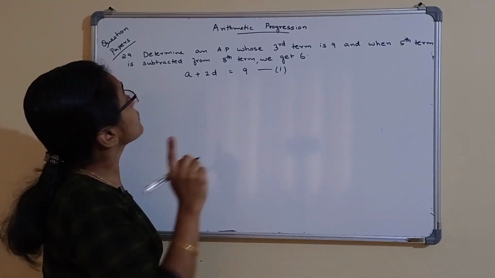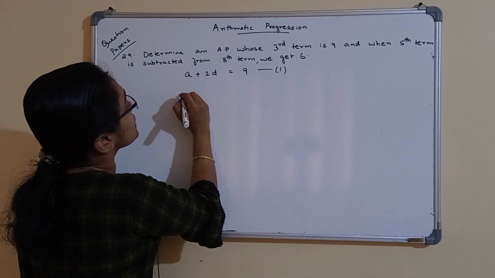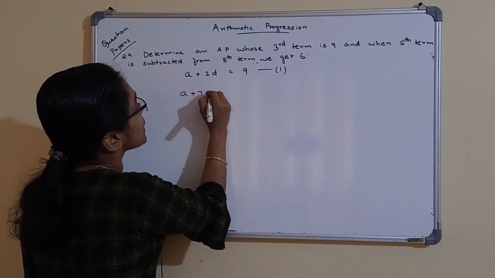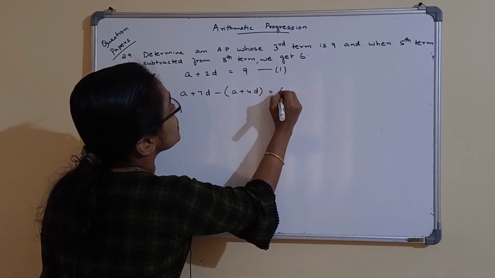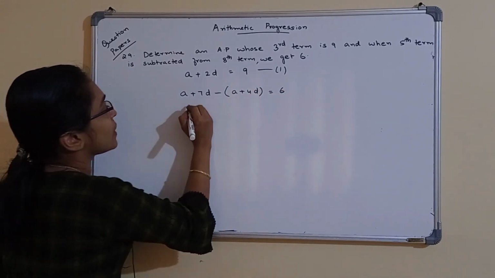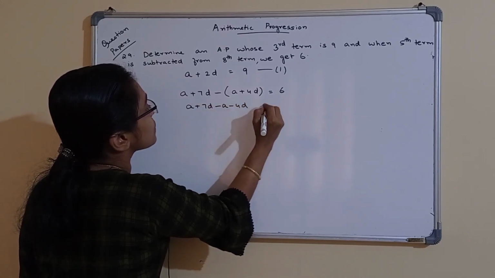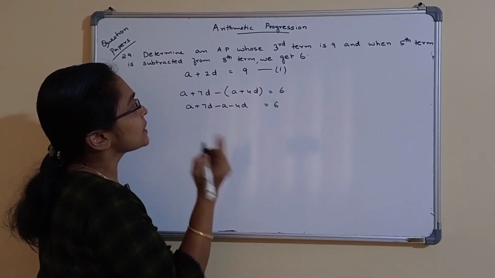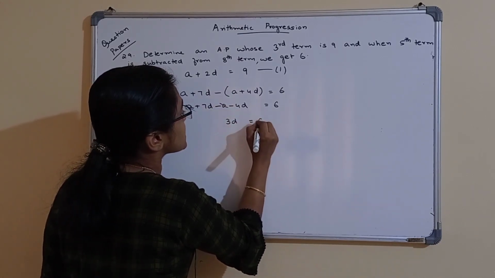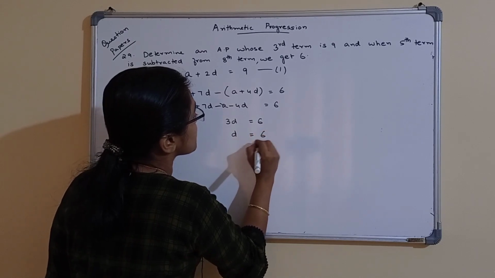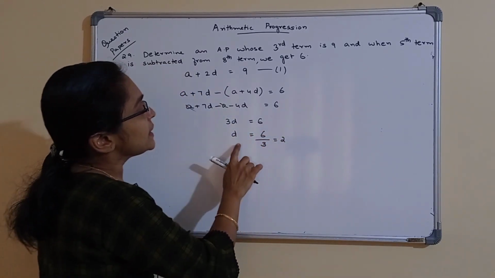And when fifth term is subtracted from 8th term we get 6, that is (a + 7d) - (a + 4d) = 6, which means 7d - 4d, that is 3d = 6, and that means d = 6/3 = 2. So, d = 2.